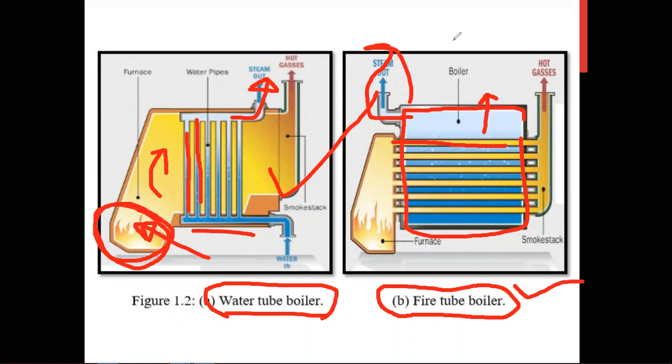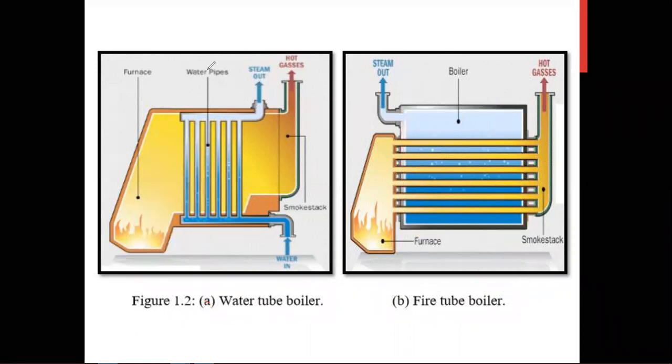And also you can see here, my student, that the steam generation will be much higher in the water tube because there is so much hot gas. So the generation rate is also higher. But on the other hand, in the fire tube boiler the generation rate is a little bit less than the water tube boiler.